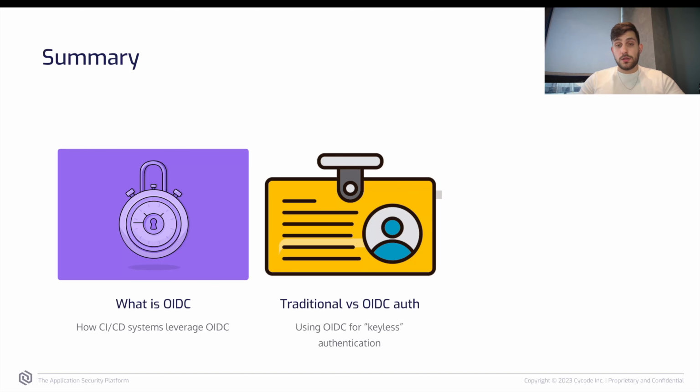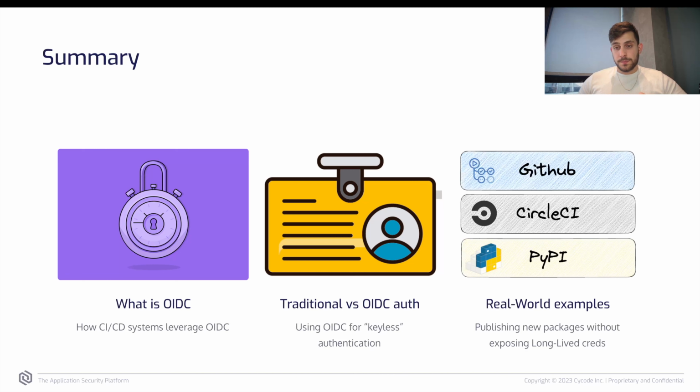Then, we talked about the difference between traditional, long-lived authentication and OIDC, short-lived ones, and how OIDC authentication can help us against supply chain attacks, pipeline injections and other recent attacks that targeted build pipelines. Then we showed real-world examples of how we can utilize GitHub Actions and CircleCI to publish a new package in PyPI using OIDC. That is all for today.